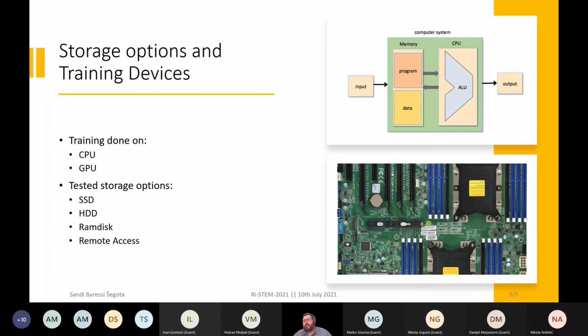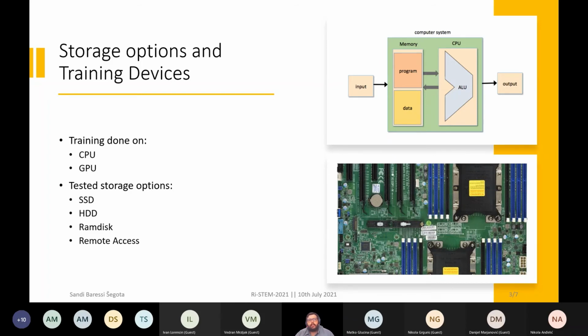We have used the RAM disk, which is essentially just mounting a drive within our random access memory. RAM disks are known to be extremely fast and are commonly used for data-intensive tasks such as this in other fields of computing. And finally, a remote access to the data.